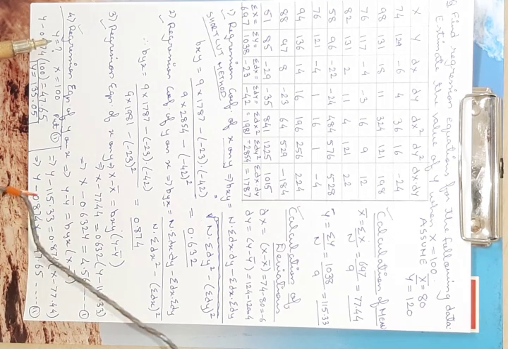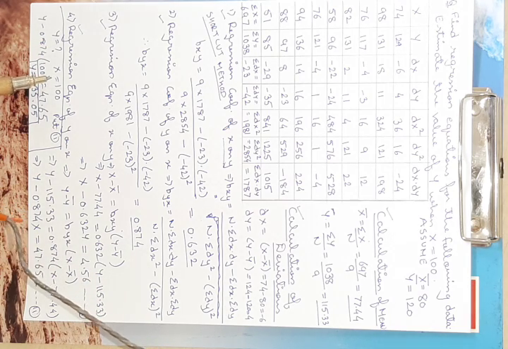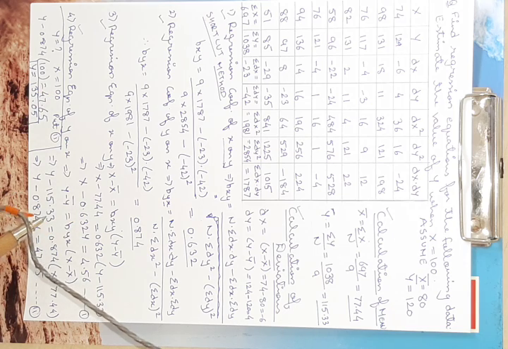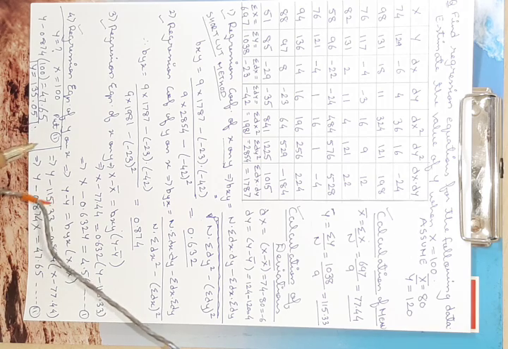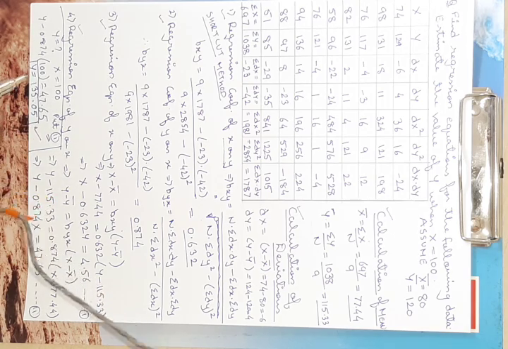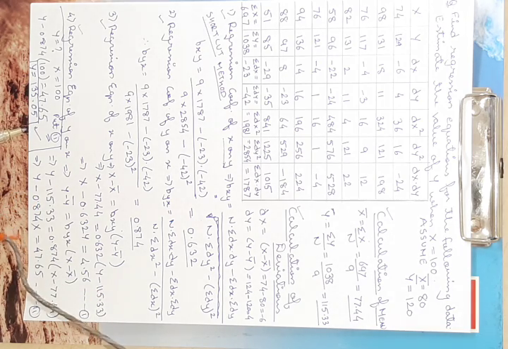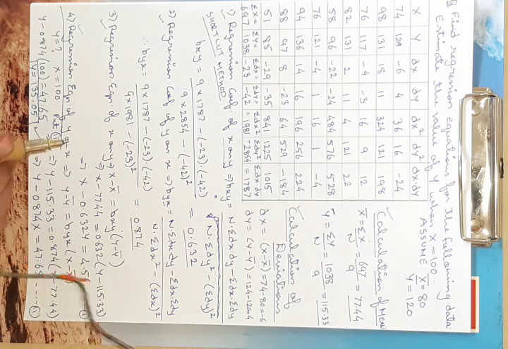We can put the value of x in any of these equations and thereby we will get the value of y. The value of y will be the same in both cases. Here in this case, we have put it in equation number 2 and we have got the value of y as 135.05. Friends, I hope you have understood this problem of regression equation.